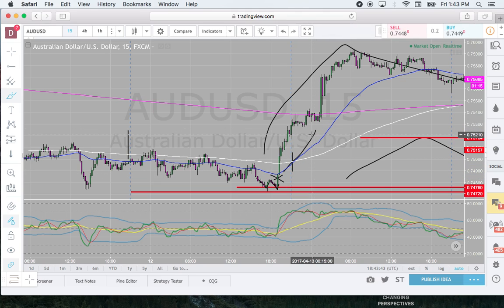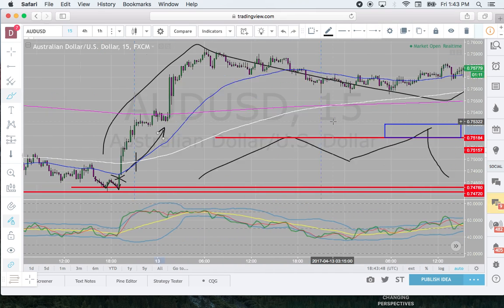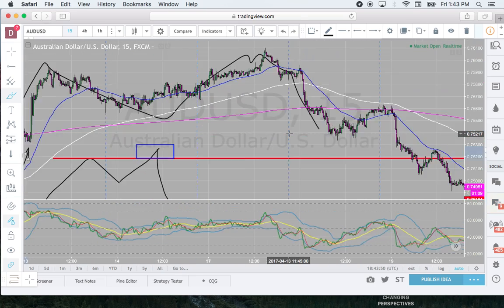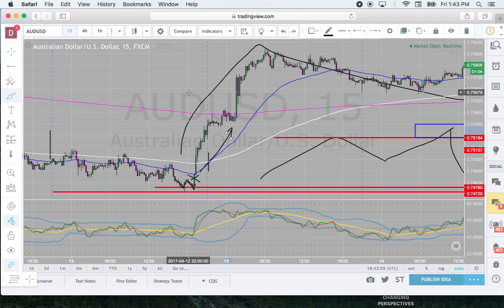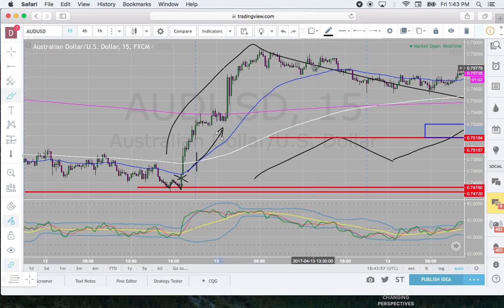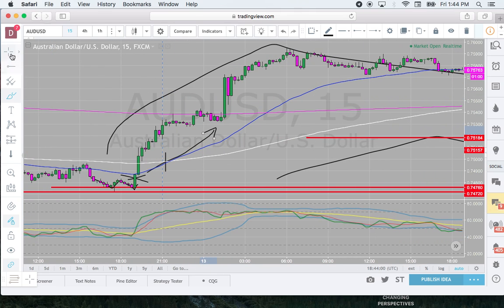They change the trend to the opposite direction. You can see it happens on a macro and a micro.